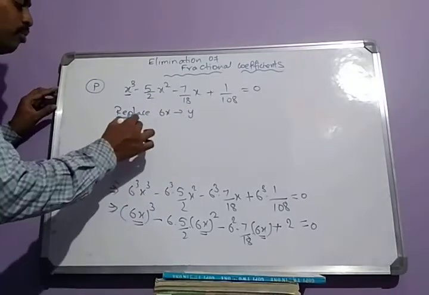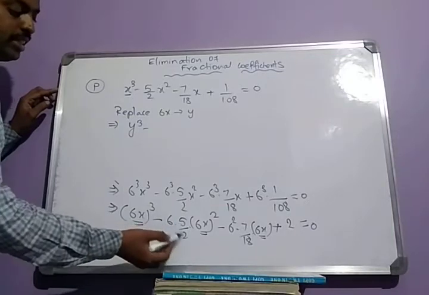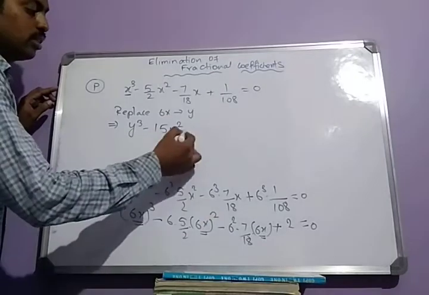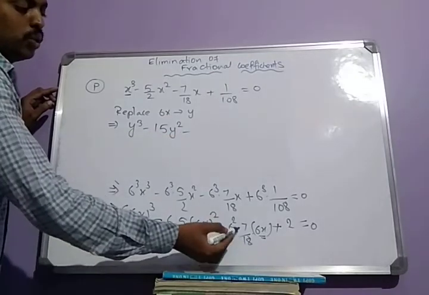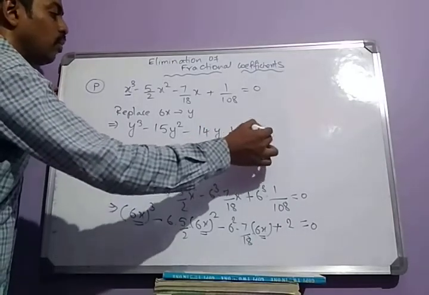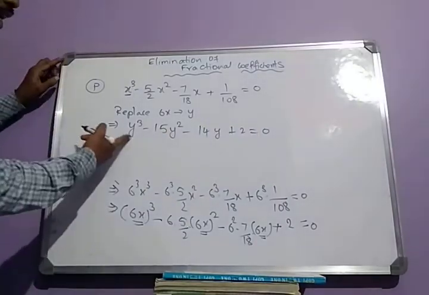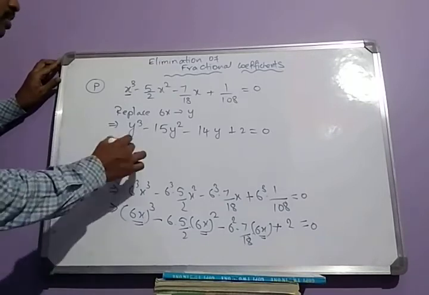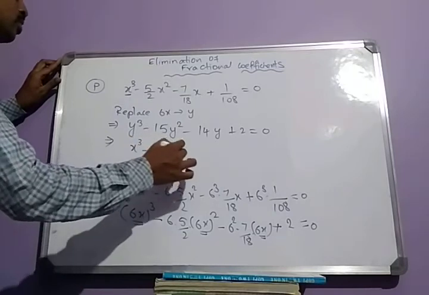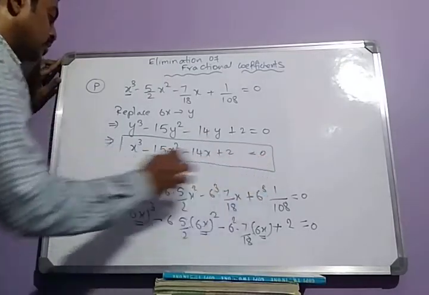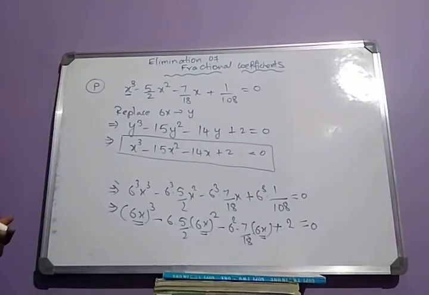This becomes y cube minus 5 6s are 30 by 2 is 15 y square, and then minus 36 by 18 is 2, 2 sevens are 14 y plus 2 equal to 0. So this is the transformed equation in terms of y, and y is a dummy variable. You can replace it with x. x cube minus 15 x square minus 14x plus 2 is equal to 0 is the required transformed equation without any fractional coefficients. Thank you all.